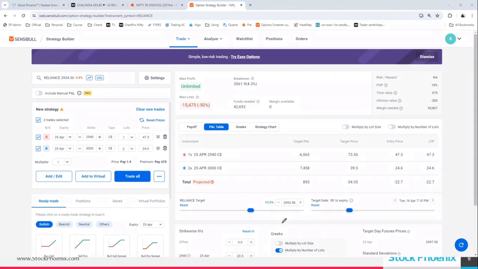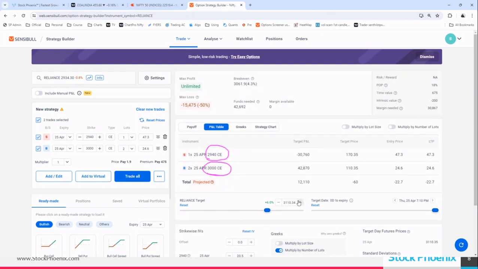We have sold the 2940 call option, and we have bought the 3,000 call option. Both will start depreciating, and when the days go, it will start giving us loss. Are we clear?